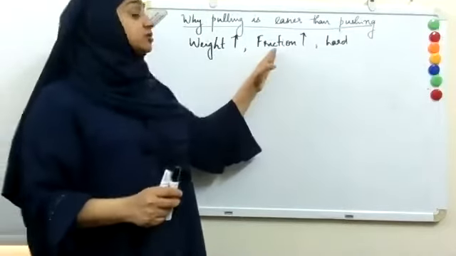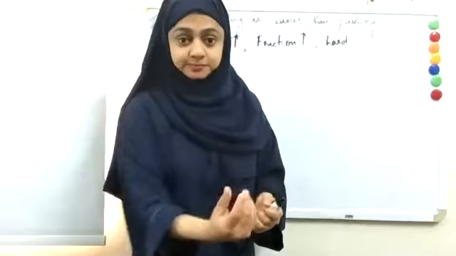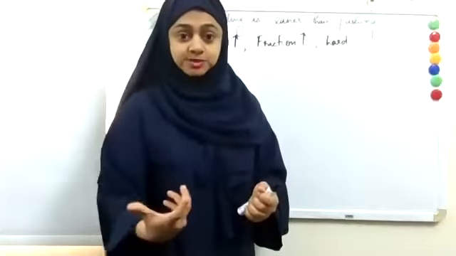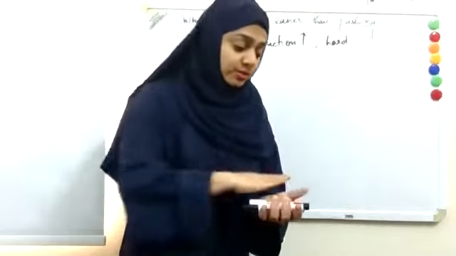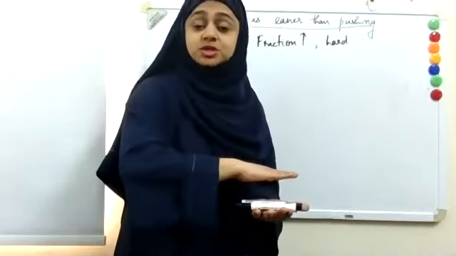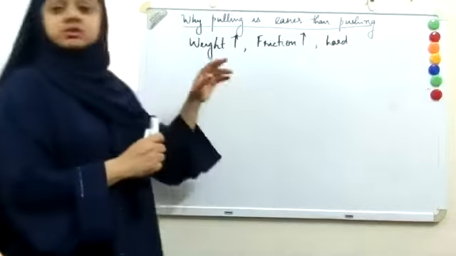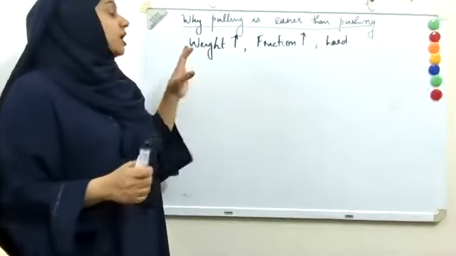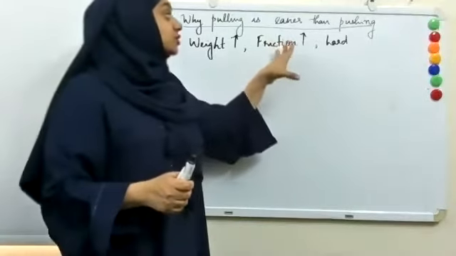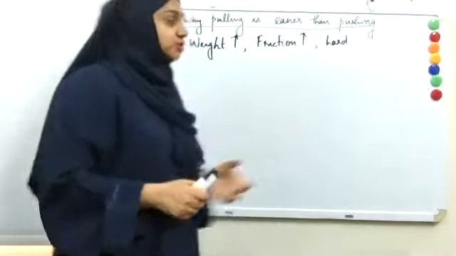That's why in order to reduce friction, sometimes we use wheels below heavy objects, or sometimes we move it on a smooth platform. It's easier to move objects on a smooth platform than a rough platform because the friction is less. So our idea is to reduce friction so that it will be easier to move an object.